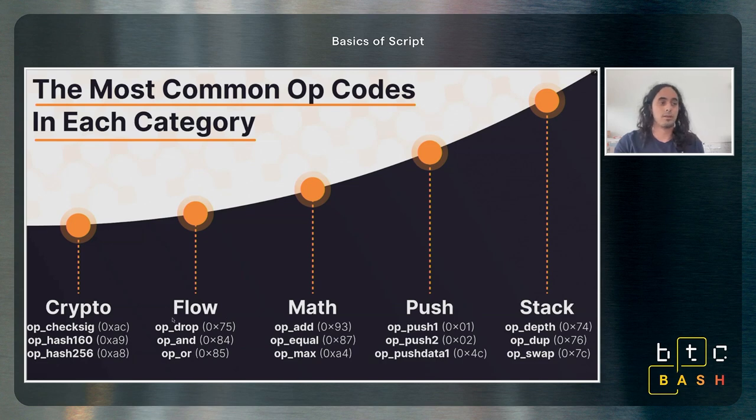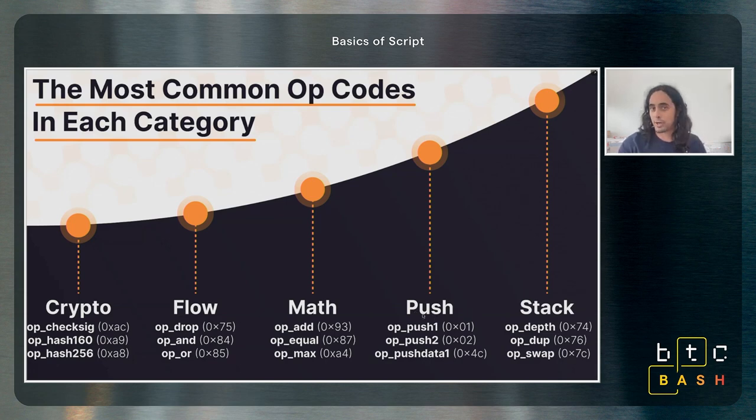We have the usual conditionals within flow: your ifs, ands, ors, elses, etc. You have really simple math operations, and by really simple, I mean that, kind of controversially, op multiply is not here, but op add and op subtract are.